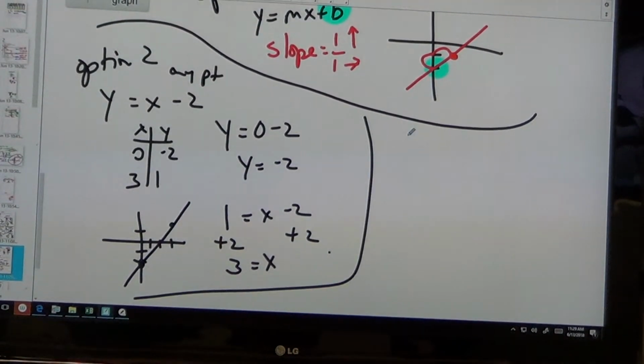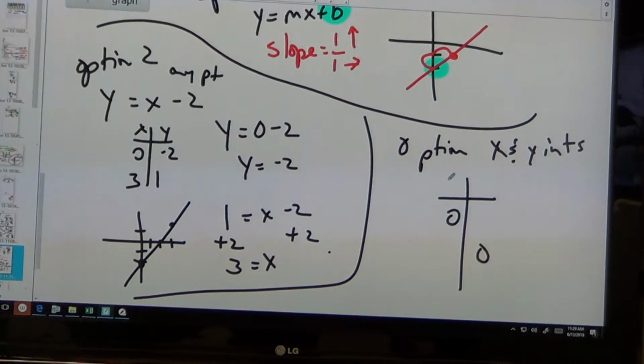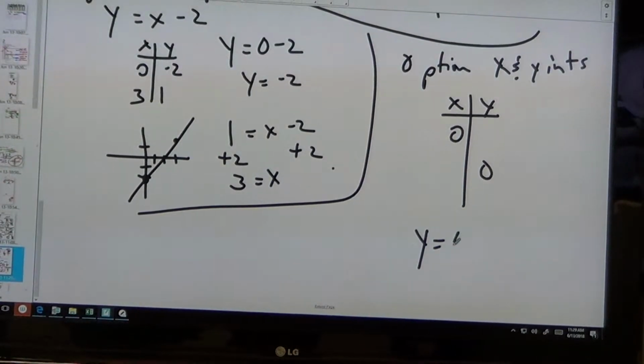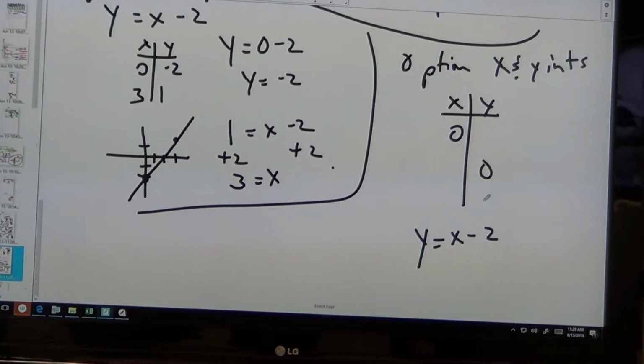Now, option 3 is to do the x and y intercepts, which means to do the double zeros. So if I have y equals x minus 2, I'm going to put 0 in for x.